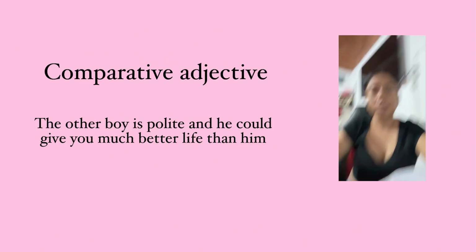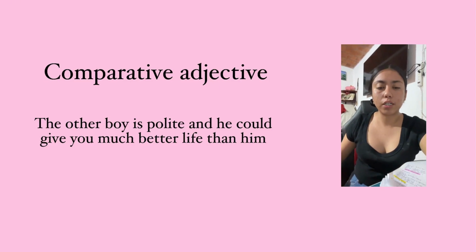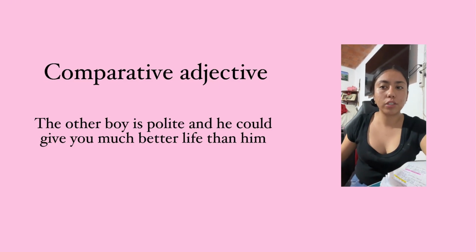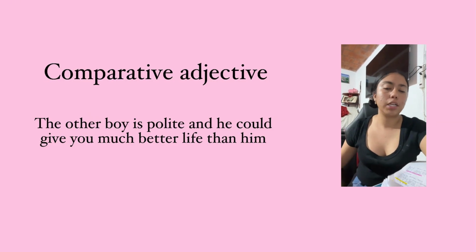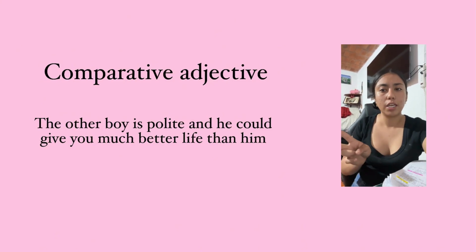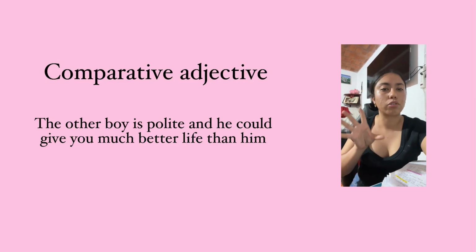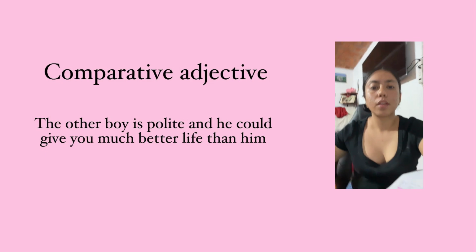Now I'm going to talk about the other grammatical structure, comparative adjectives. A comparative adjective is used when you compare two things, indicating that one possesses a quality to a greater or lesser extent than the other.